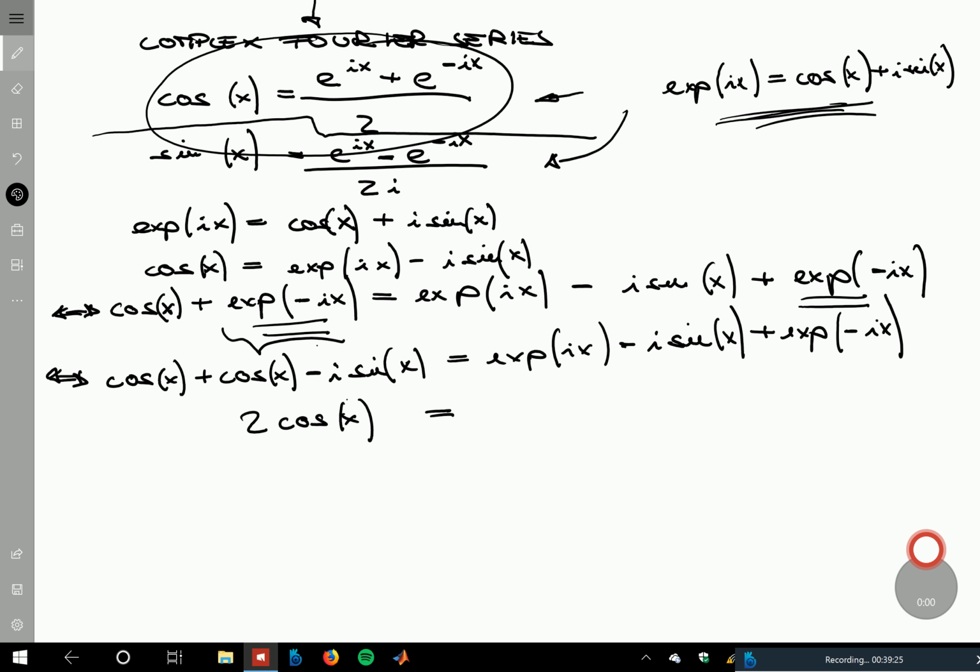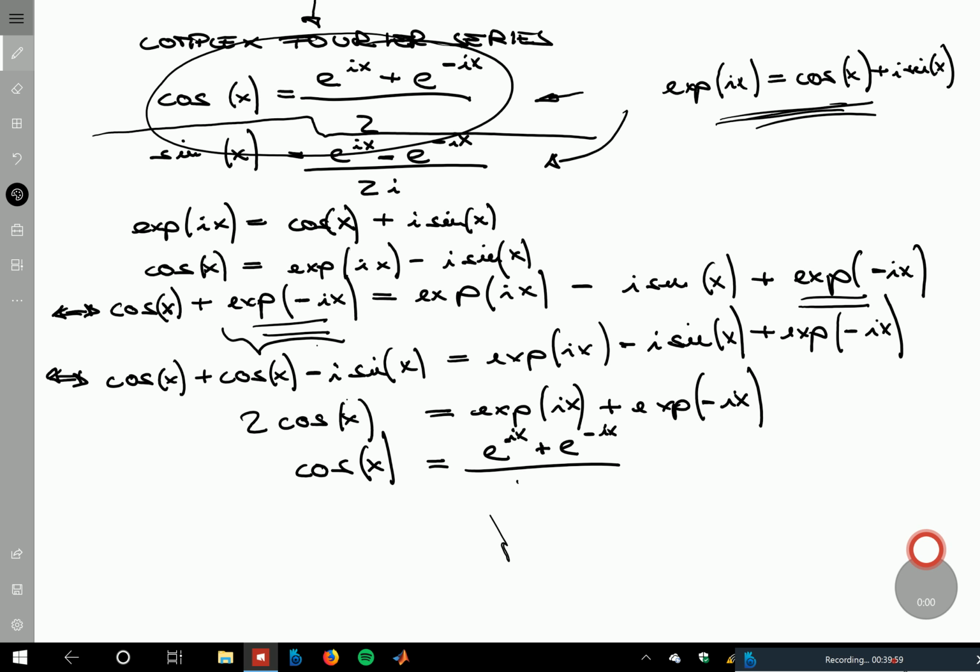And so if we add on both sides i sine x, it goes away. So we have e to the ix plus e to the minus ix, and then if we solve for the cosine term, it's just a little bit shorter to write it with e in this case. We have cos x equals e to the power of ix plus e to the power of minus ix divided by 2.